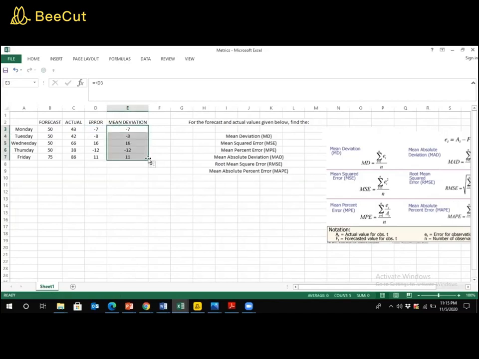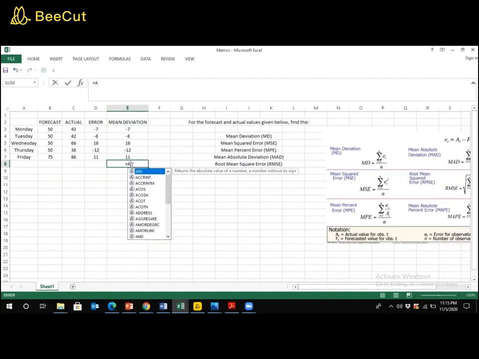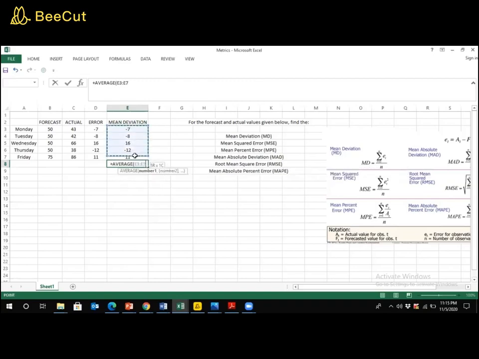These are the errors, and I'm going to find the mean deviation. All I need to do is calculate the average of the errors. In this case, that comes to 0, and so that's the answer. The mean deviation, surprisingly, is 0.